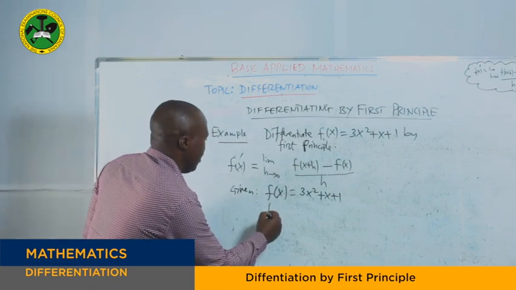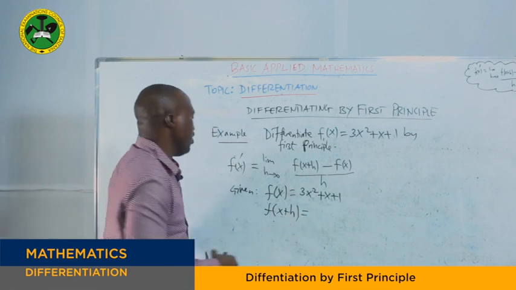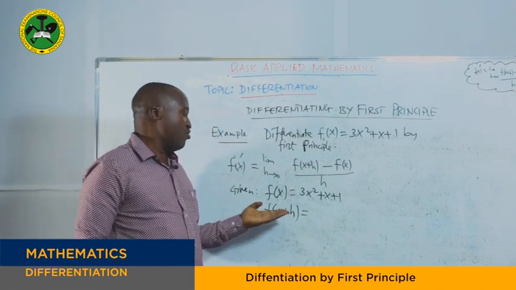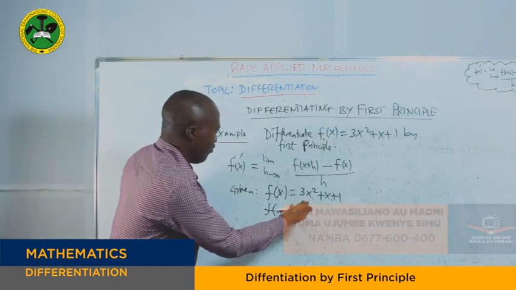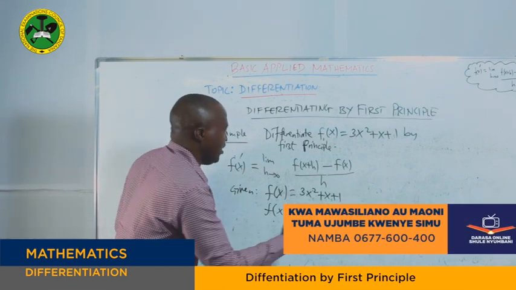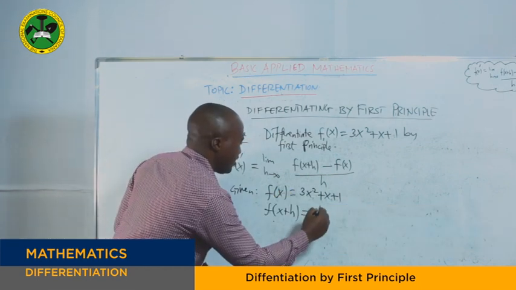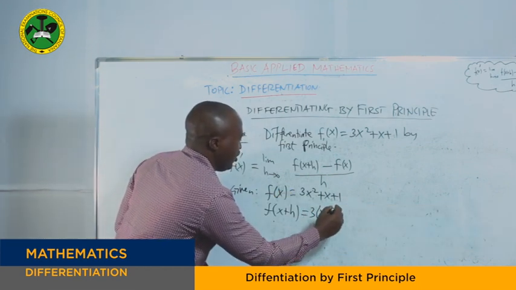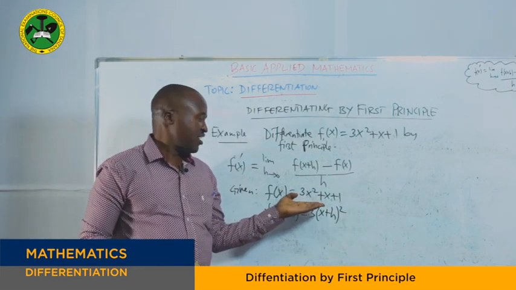That is, f of x plus h is equal to, that means wherever there is a variable x, we add h. So in our function, we have 3x squared. So here you add x plus h squared, then followed by plus x.